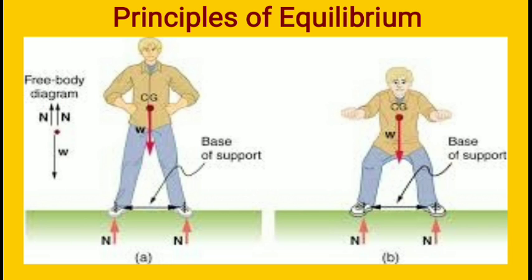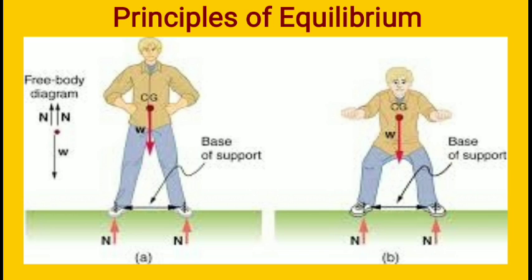Then the principles of equilibrium are given here. You can see the base of support in the second picture, and in the first picture the base of support and the free body diagram are given. Clear? Where will the center of gravity be? The lower the center of gravity, the more support and stability there will be.